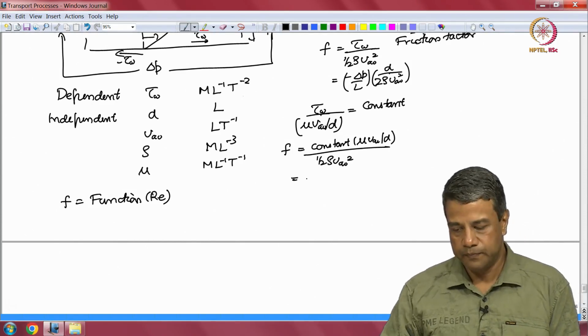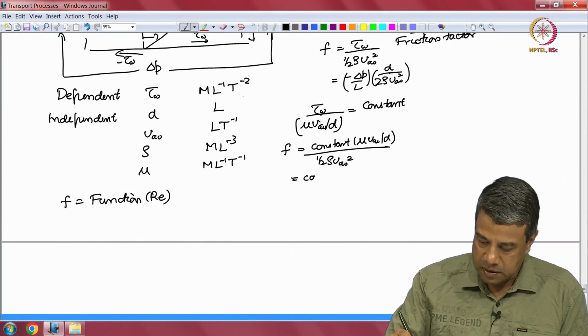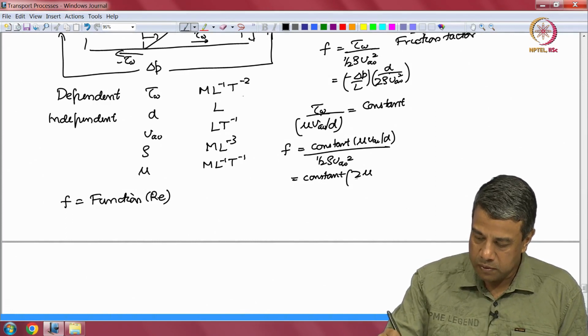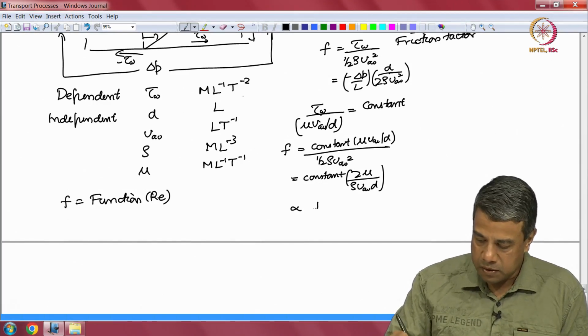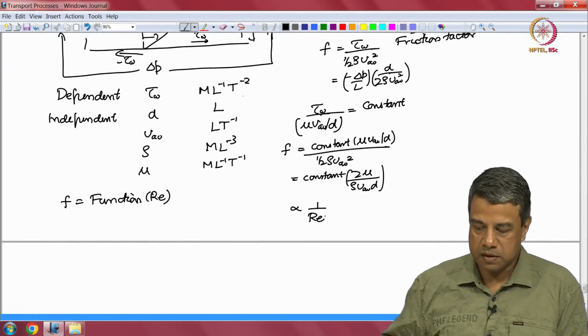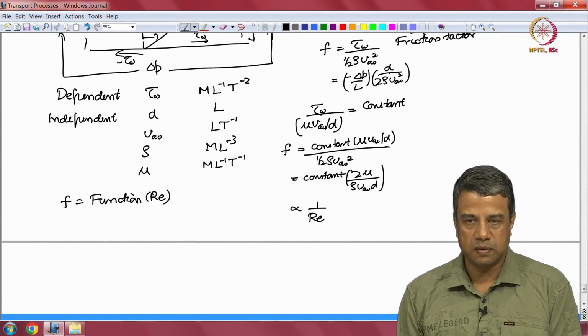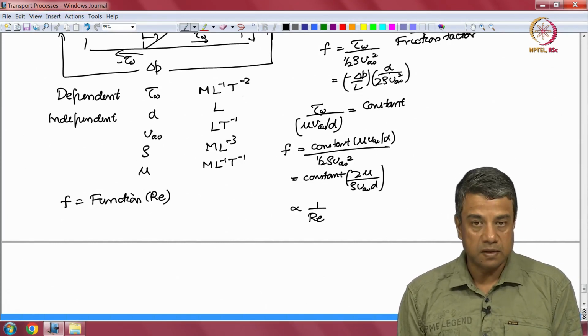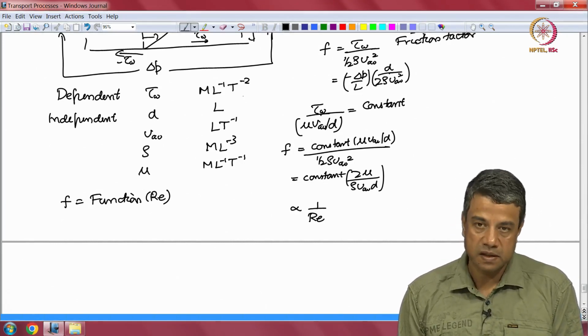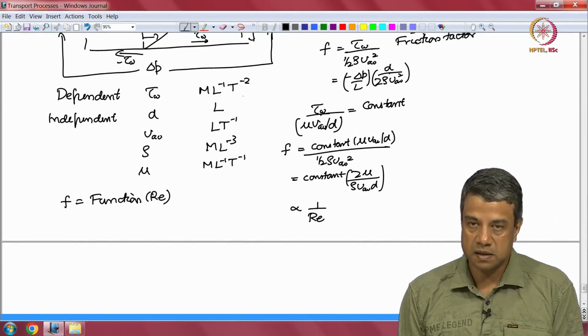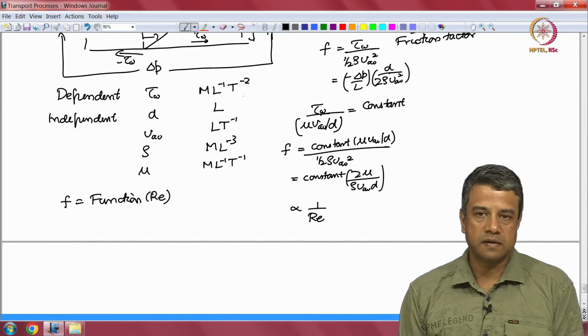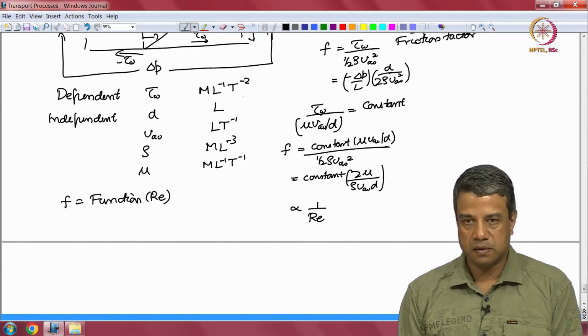This is equal to some constant into 2 mu by rho V average d, and this is proportional to 1 over the Reynolds number, because Reynolds number is rho V average d by mu. So, in the limit of low Reynolds number, the friction factor has to be inversely proportional to the Reynolds number, because the friction factor was scaled by the inertial scale.